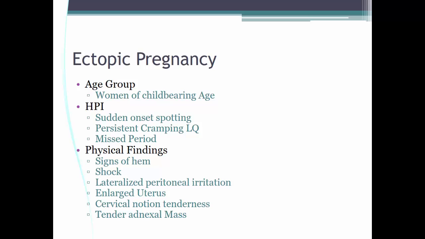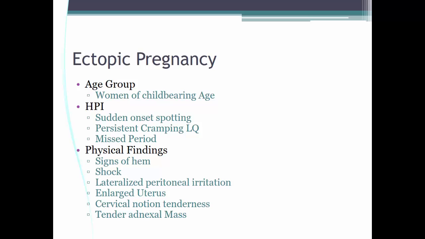Rupture may be heralded by sudden severe pain, followed by a syncope episode or by symptoms and signs of hemorrhagic shock or peritonitis. So rapid hemorrhage is more likely than when rupture occurs at the level of the fallopian tube.